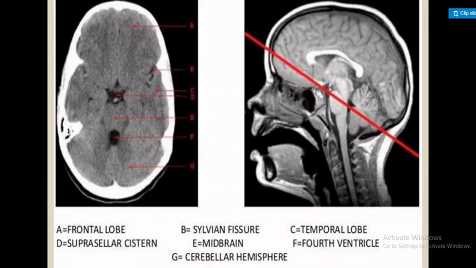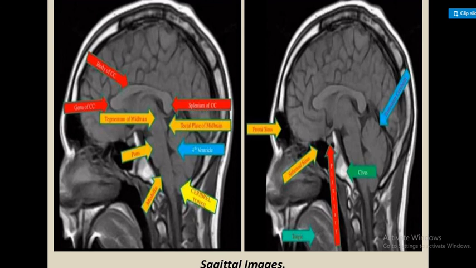Also here, Sylvian fissure, temporal lobe, frontal lobe, suprasellar cistern, midbrain, fourth ventricle, all shown here by the CT scan. Here also we have a sagittal image, and we see different parts like the pons, midbrain, and corpus callosum. All these structures can clearly be shown in the CT scan.